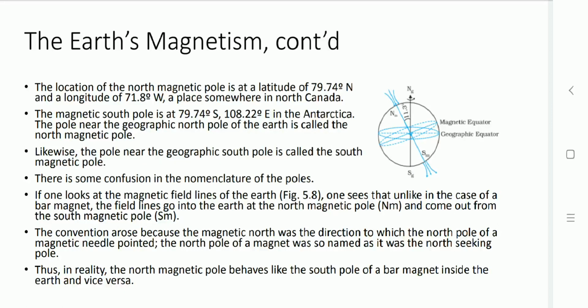Magnetic field lines entering the surface of the Earth are defined as the north pole, and magnetic field lines leaving are defined as the south pole. Here this confusion is there, but what is defined in the diagram is true.